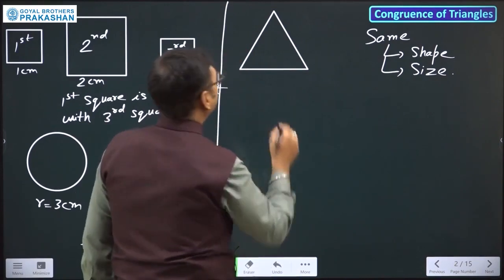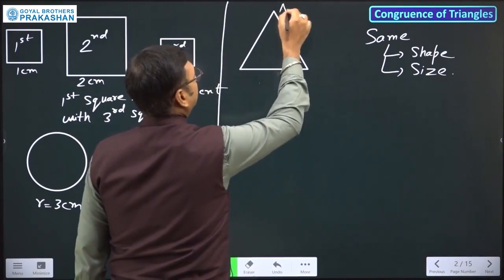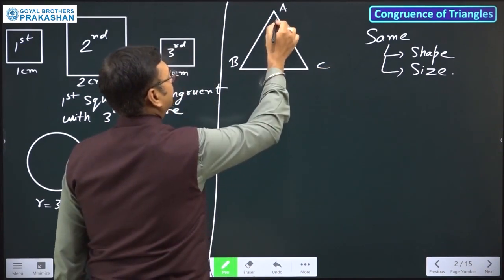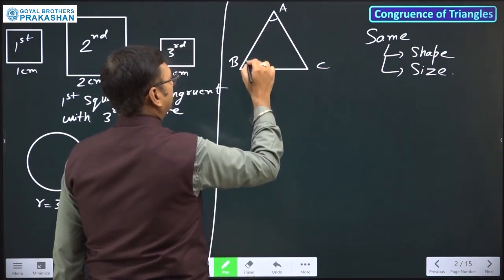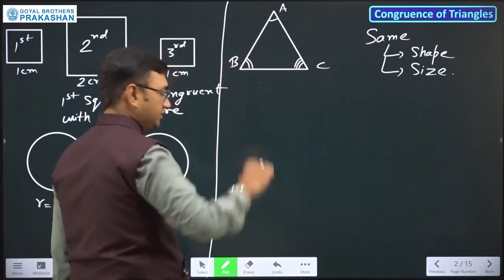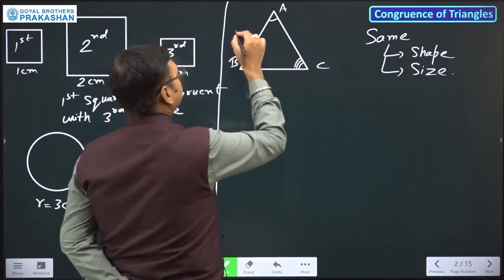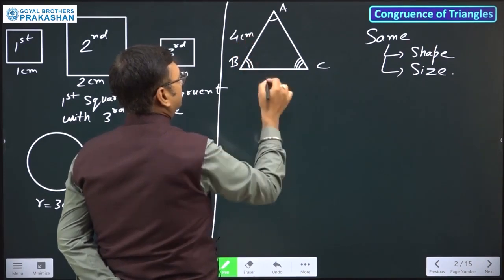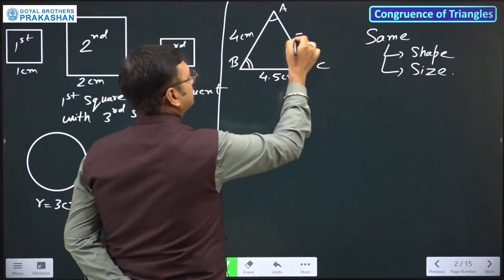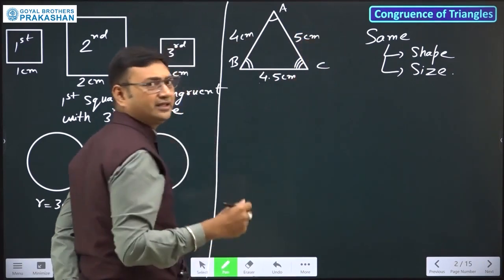Now let's say this is A, this is B, and this is C. This is angle A, and we have one more angle, angle B, and the third angle, angle C. Let's say this side is 4 centimeter, this one is 4.5 centimeter, and this one is 5 centimeter. We are randomly taking any value.